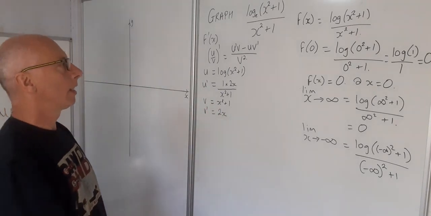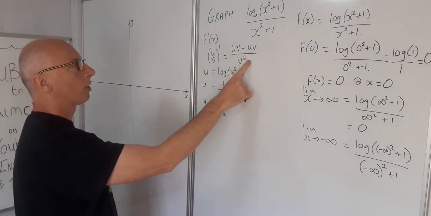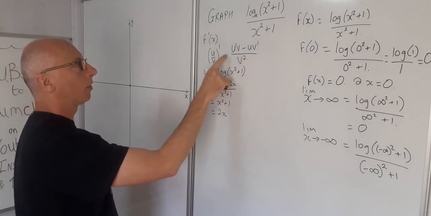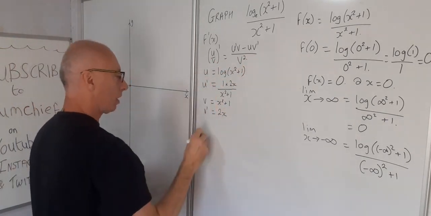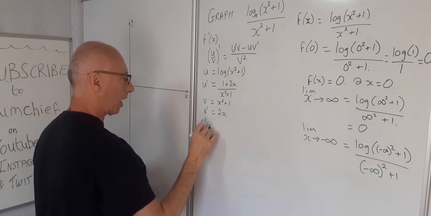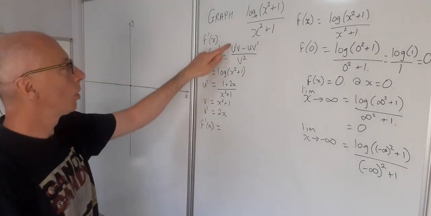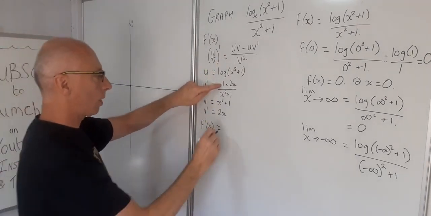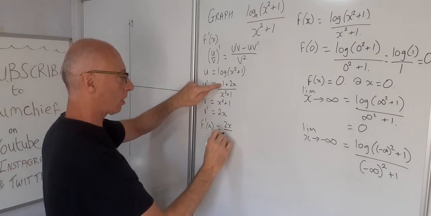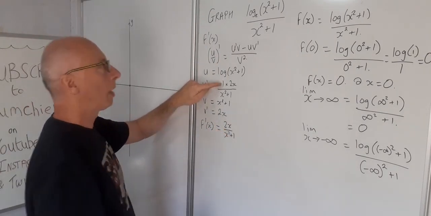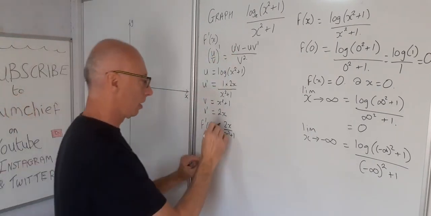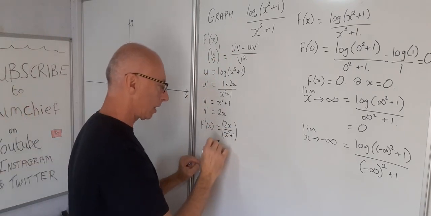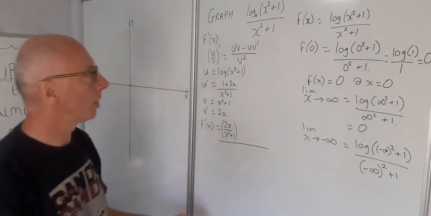Okay, now let's plug into our formula here for finding the derivative of f. So now I'm going to go f prime of x equals u prime, which is 2x over x squared plus 1. Bearing in mind I'm still in the numerator, so that's going to be bracketed and there'll be a fraction underneath.